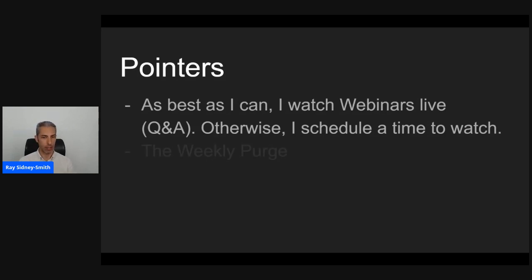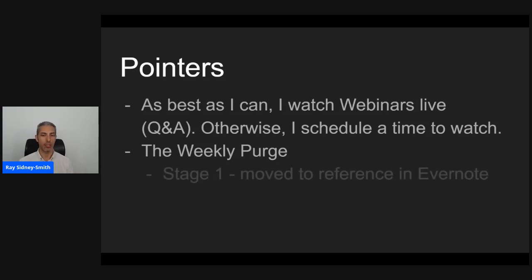And then finally, there is what I call the weekly purge, which is for those of us who are not inclined to get through all of our read later materials. There just comes a point where we have what I call stage 1 and stage 2 of the weekly purge. In essence, stage 1 is moving things to reference.